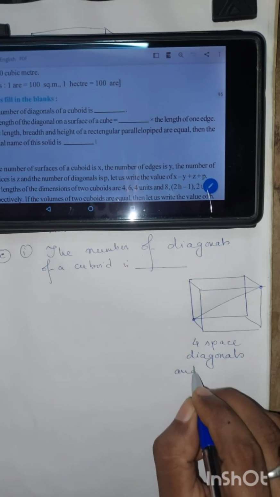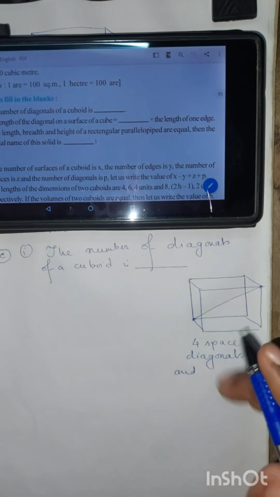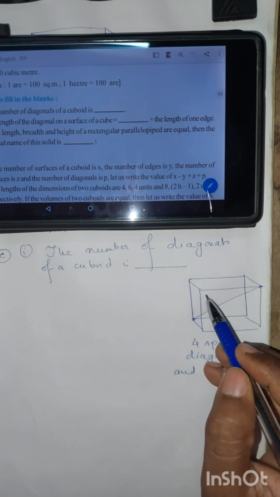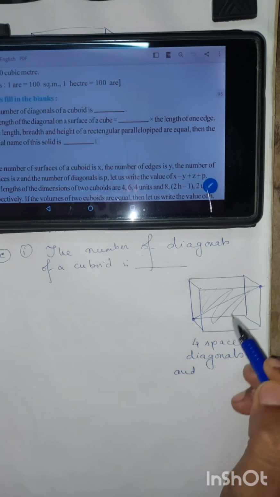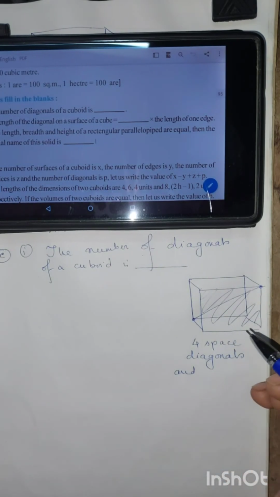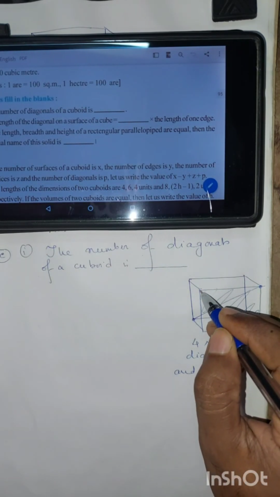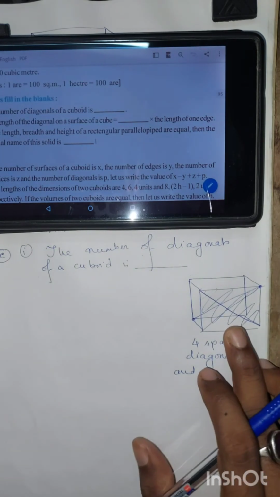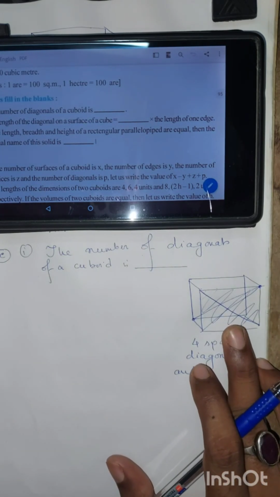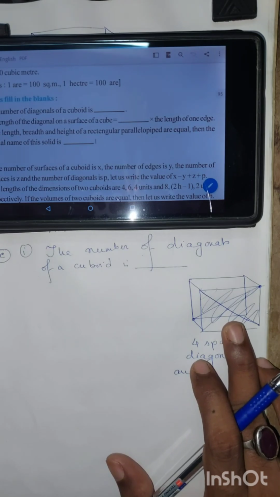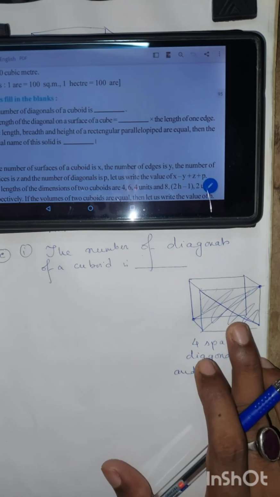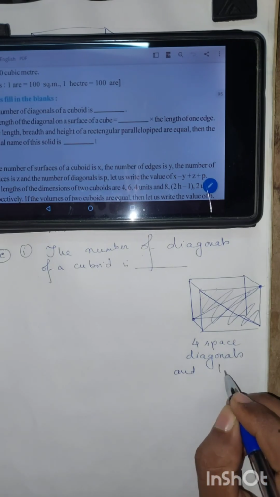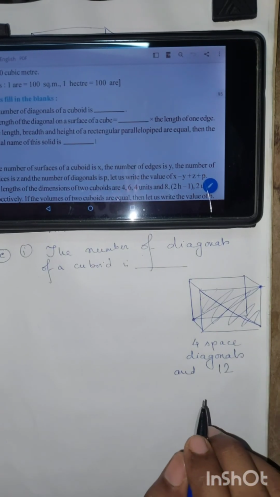and if we see this surface, the front surface, we can get 2 diagonals, 1, 2. So for one face, one surface, we get 2 diagonals. So for 6 surfaces we get 12 diagonals. That means 12 body diagonals.